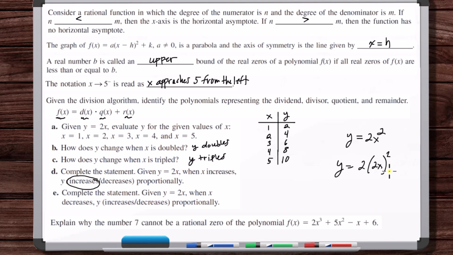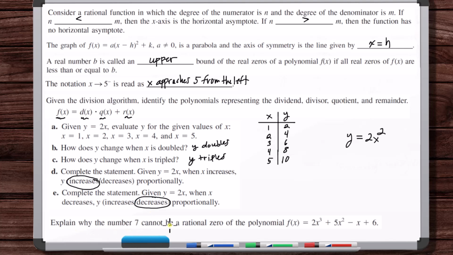But then you wouldn't say that x and y are directly proportional here. What you would say is that y is directly proportional to x squared. If you double x squared, you double y. Complete the statement. Given y is equal to 2x, when x decreases, y decreases proportionally.